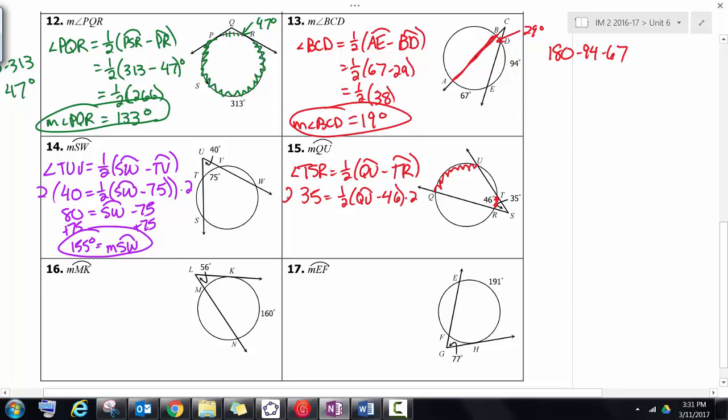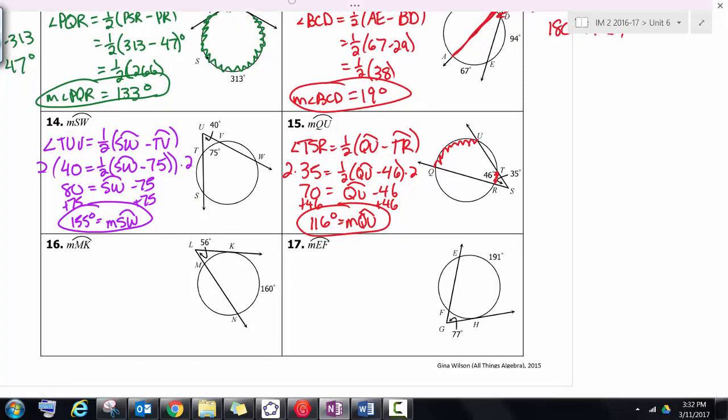So we multiply by 2, 70 equals arc QU minus 46. Add 46 to both sides. And the measurement of arc QU is 116 degrees. Notice I'm putting the measurement of arc QU. Arc QU can't be a number. The measurement can be. So let's just finish off these last two problems.